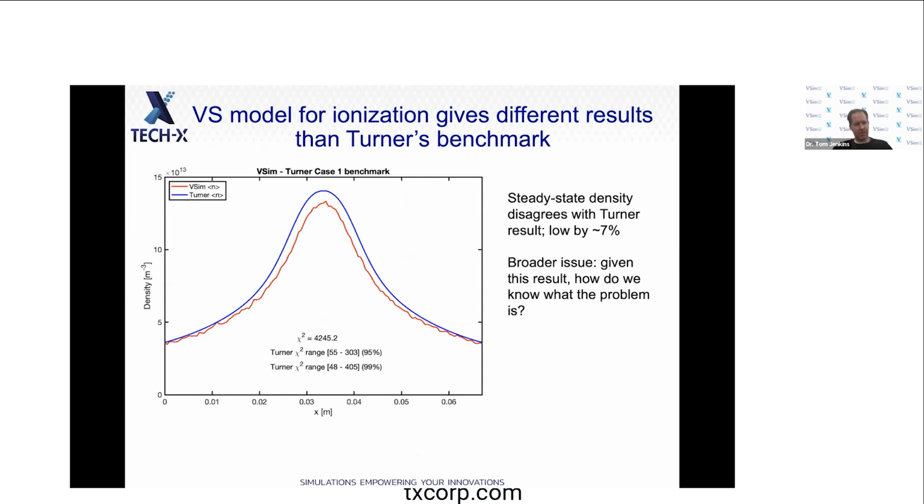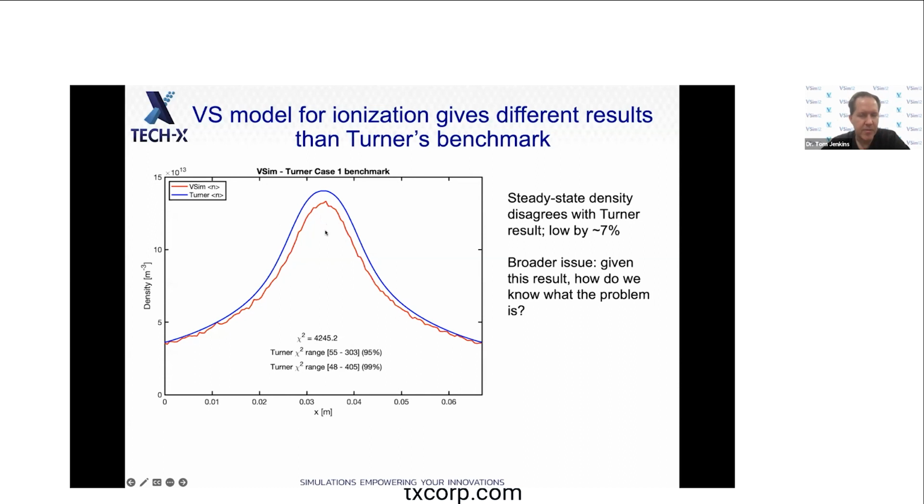And so this is kind of illustrative of a broader problem that you get when you're trying to match benchmarks like this. You run your code and you get this result, and how do you know what the problem is? Maybe your ionization is wrong. You're not creating enough particles, and so you get this profile that's low here. Maybe you have a different collision process, elastic electron ion neutral process or something that's wrong, that's got a collision rate that's too low, and so you get more outward diffusion than you should have, and so then your ion profile is also low.